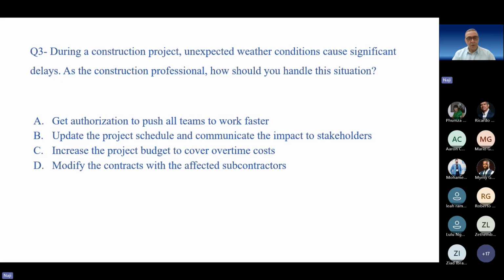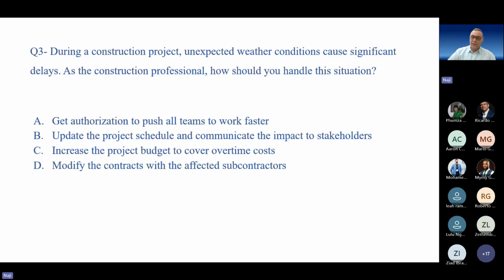It's wrong. So, assuming that I'm not sure about my answer, I eliminate D, and I would eliminate increase the project budget. So it is either A or B. So you reflect on which one of these. The best answer is update the project schedule and communicate the impact to stakeholders.